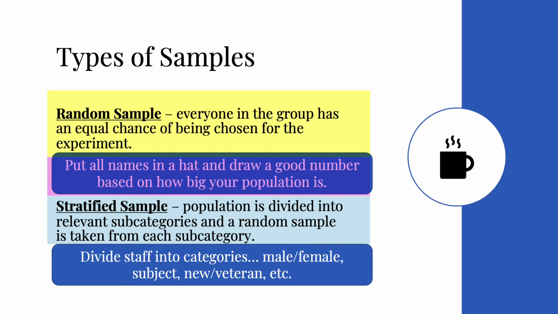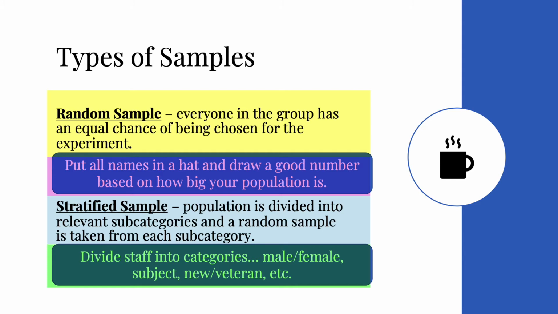So maybe we can take each of the subject departments, and now we can break them up between older teachers like me, veteran teachers, versus newbies who are young and new. Maybe we can do men and women, make sure we have both genders. And now maybe, with the way that we have come to learn about the non-binary population, maybe we want to make sure we have that represented.